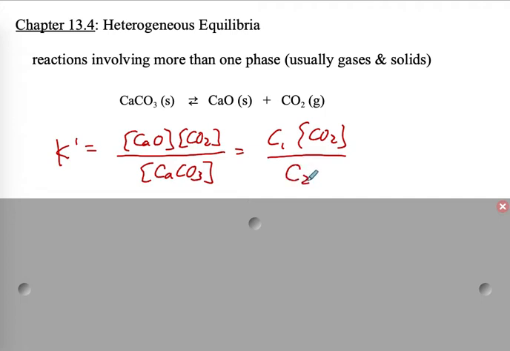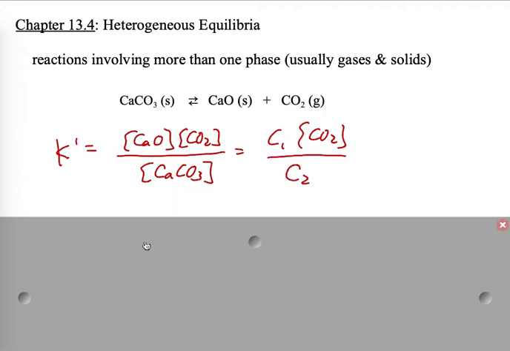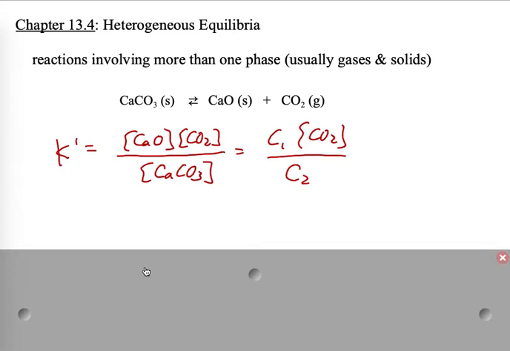Okay, well, I can simply rearrange by collecting all of the constants, and I get K prime times C2 over C1 is equal to the concentration of carbon dioxide, which is really the only concentration that can change. So that's going to be our actual equilibrium expression.